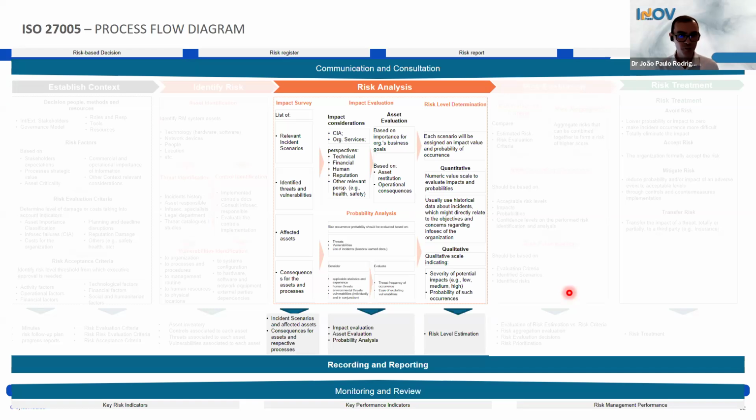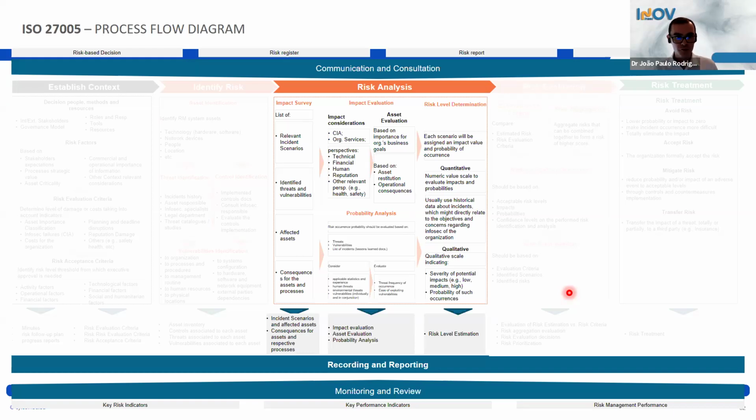We need to see several perspectives on it. We need to see the technical, the financial, human, reputation, and other relevant perspectives like health and safety, for a hospital, for example. And we have to make the asset evaluation based on the importance for the organization's business goal. So this is based on the asset restitution times and operational consequences.